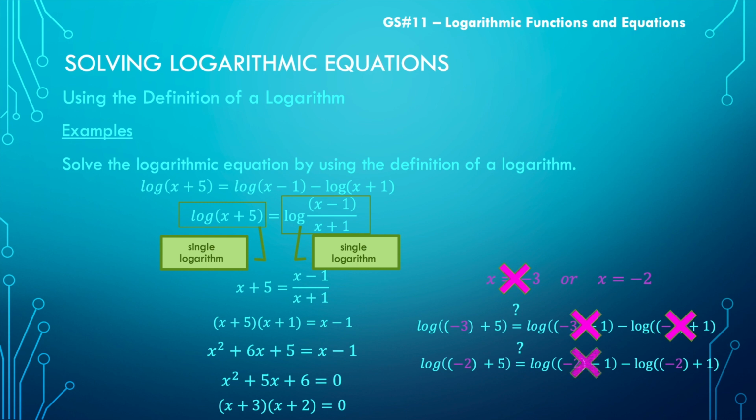That second and third log, they both generate negative arguments, and so x equals negative 2 is not a good solution either. And in fact, this equation has no solution because our proposed solutions don't satisfy the original equation. So hopefully that reinforces the idea you must check your proposed solutions to see if they actually work.